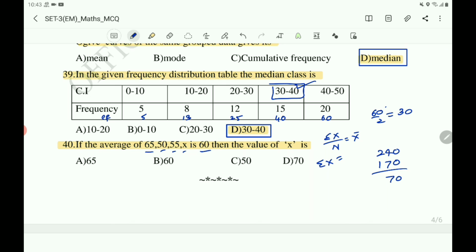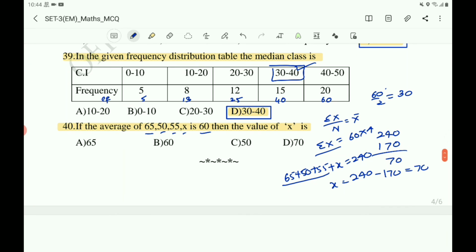So that becomes 60 into 4, which is equal to 240, and sigma x means sum of all the scores, that is 65 plus 50 plus 55 plus x equals 240. The sum of all these, you know that is 170. So x equals 240 minus 170, which is equal to 70. That is the concept here. In this way the 40th question is completed.